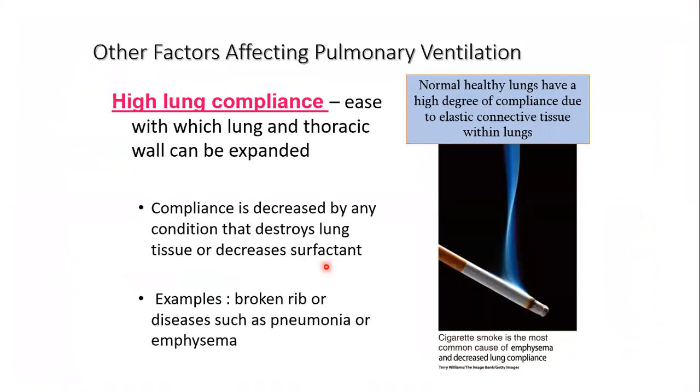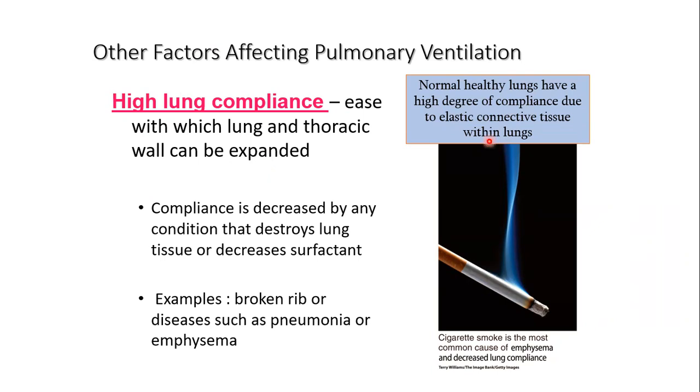Another factor that affects pulmonary ventilation is lung compliance. What is the meaning of lung compliance? It's the ease with which the lung and thoracic wall can be expanded, the elasticity of the lung. Normal healthy lungs have a high degree of compliance due to elastic connective tissue within the lungs.